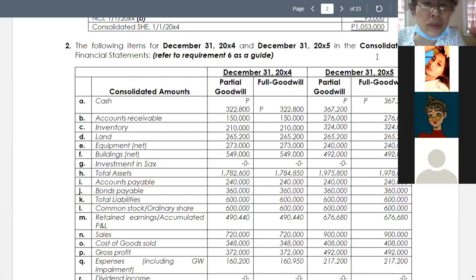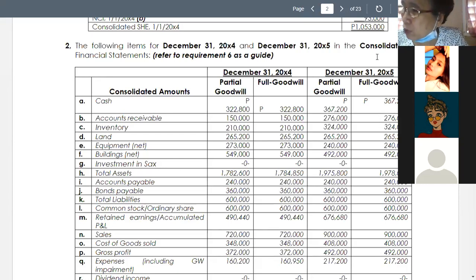Now, in the total assets, actually we are asked to determine total assets. Our assets as given from letter A up to F are lacking because we still need to add goodwill if we want to determine our total assets.